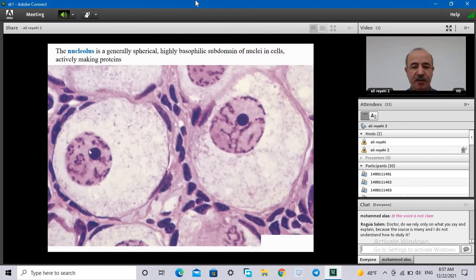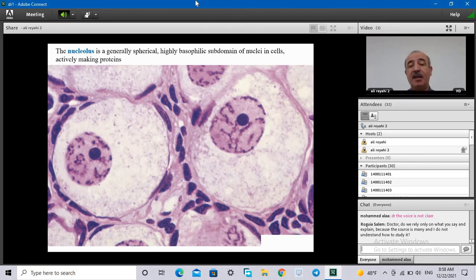The other component of the nucleus is the nucleolus. The nucleolus is a generally spherical, highly dense and highly basophilic subdomain of the nucleus in the cell, okay. And it's actively making protein. It's actively involved in the production of ribosomal RNA.